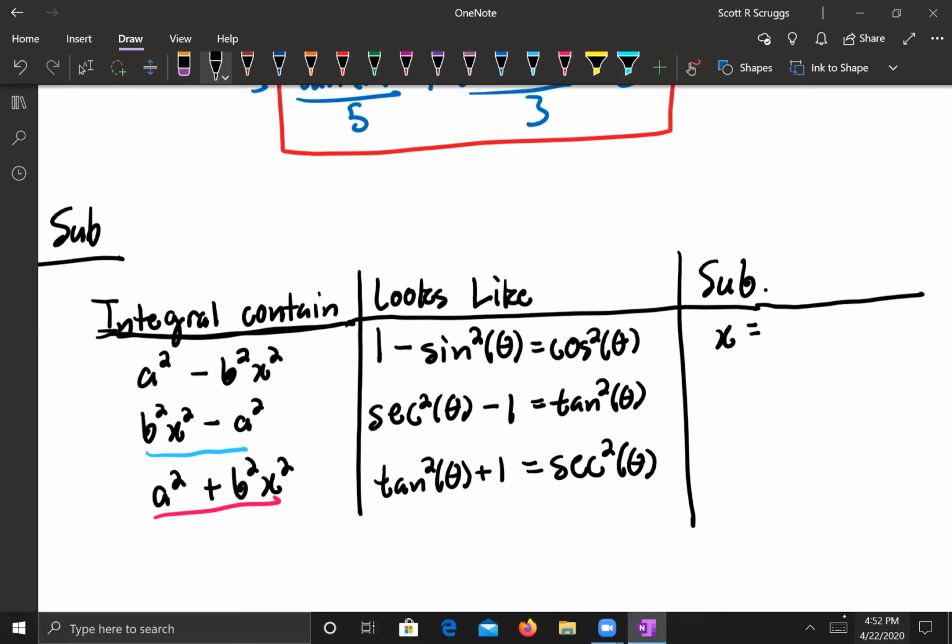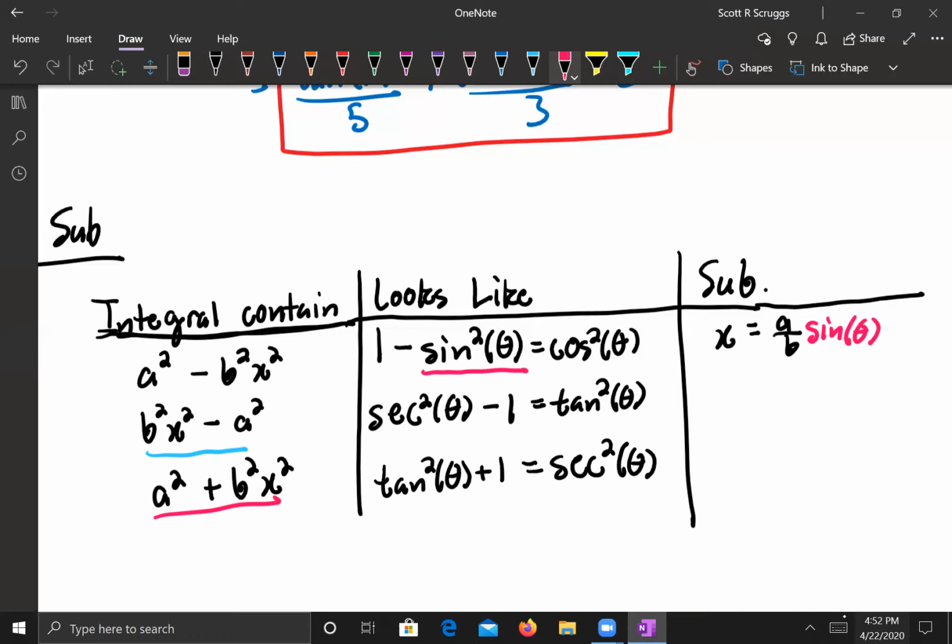So my thought process is, take the constant that's not paired with the x squared and divide it by the constant that is with the x squared. And based on whatever trig function that is, that's what I have.